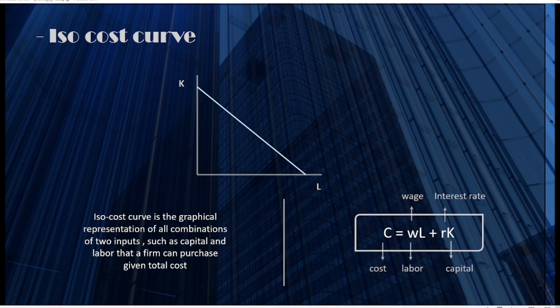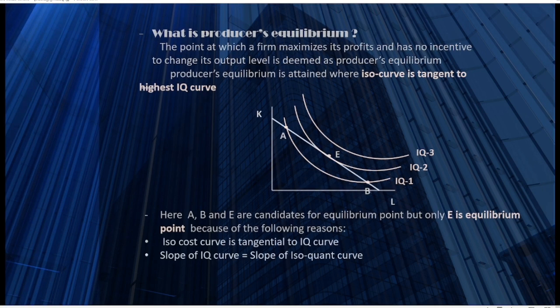Now, a producer's equilibrium occurs where an isoquant curve is tangent to the isocost line. At this point, the slope of isoquant, called the marginal rate of technical substitution, equals the slope of isocost, which is the ratio of input prices.